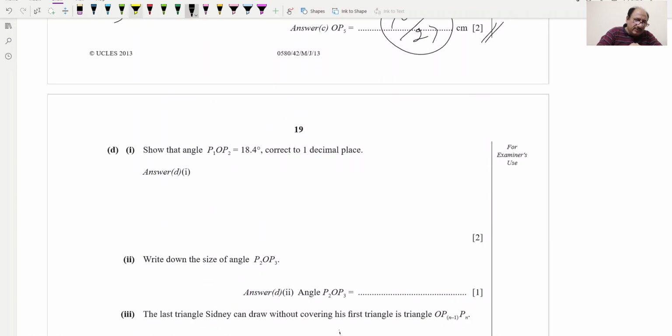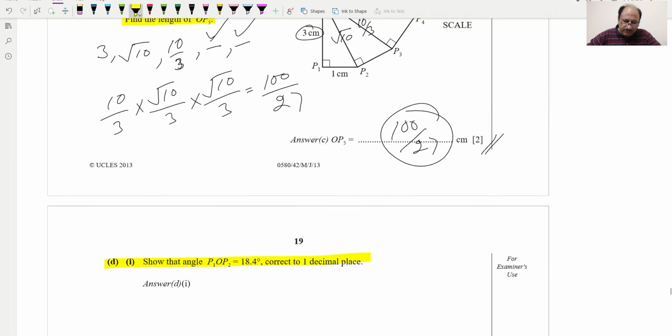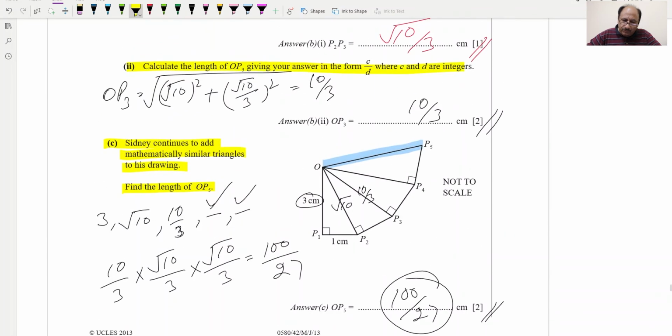Now D part 1. D part 1 says show that angle P1OP2 is 18.4 correct to 1 decimal place. P1OP2 is which angle? This angle. So in this triangle, which we can shade, we know opposite and we know adjacent.